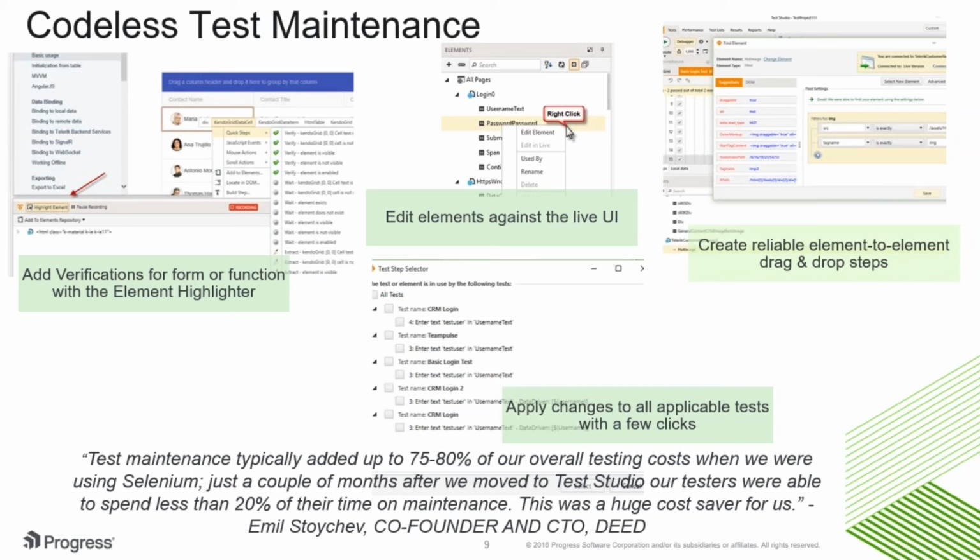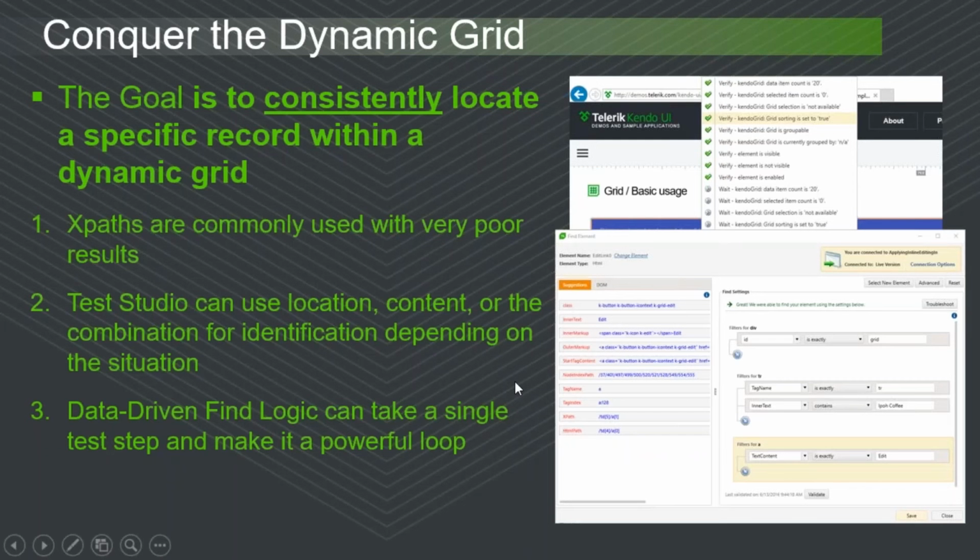So that means we need to make sure we have testability of those buttons, of those elements when they move, and Test Studio can do that. We can go find element A and drag it to element B no matter where they move around. And of course, when you have a change that applies to many different tests, you can apply it across the whole project instantly with a couple clicks.